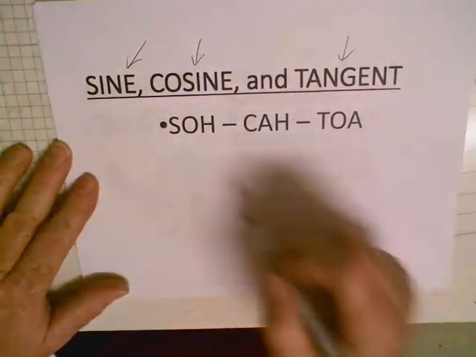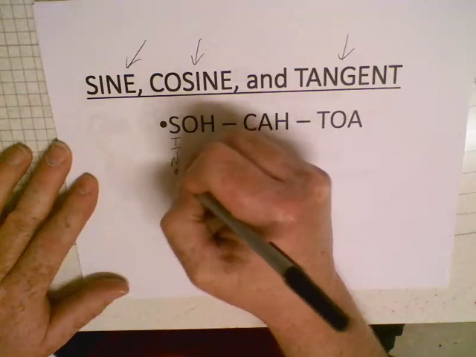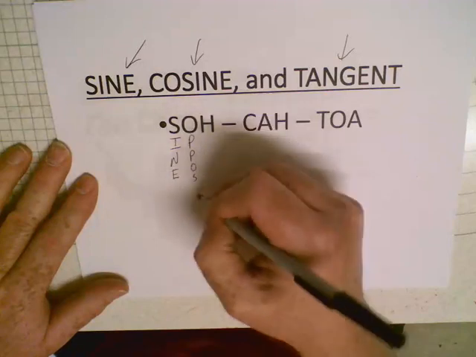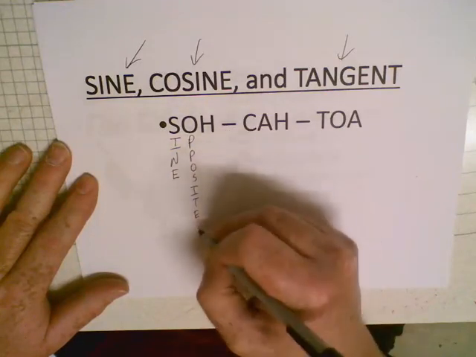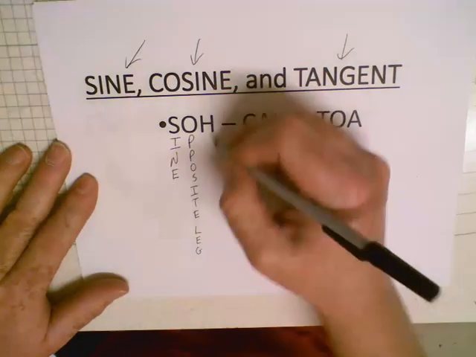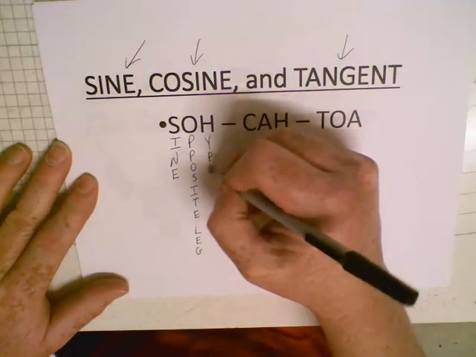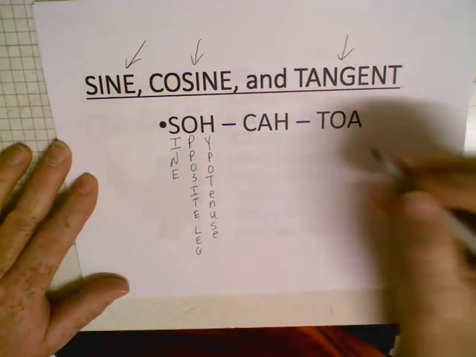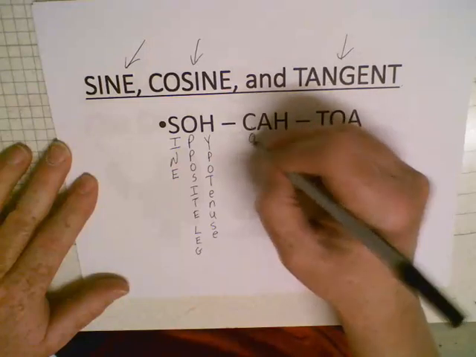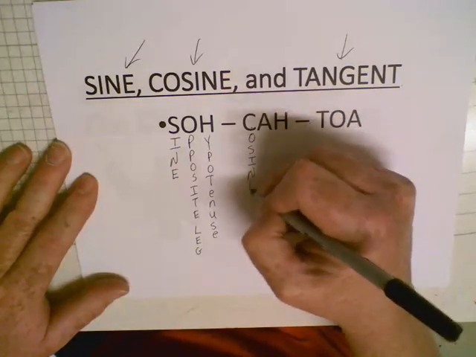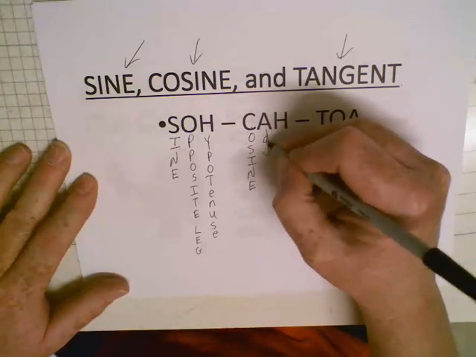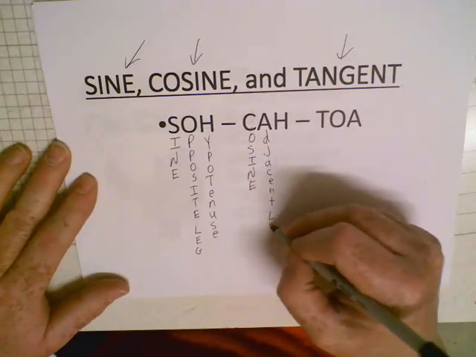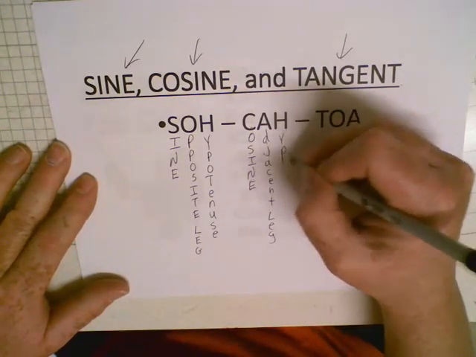And all this saying is: S stands for sine, and that means opposite leg over hypotenuse. And I know this doesn't make a whole lot of sense right now, but it will in a few minutes. C stands for cosine, and that means adjacent leg over hypotenuse.